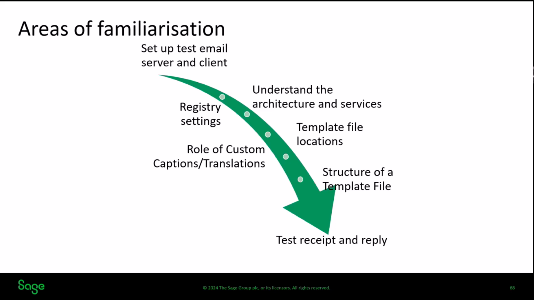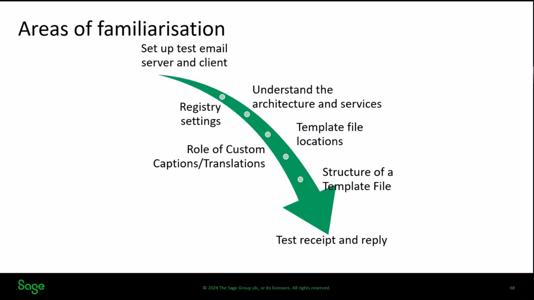We've looked at the template file locations, and we've looked at how we link the functions or the rule sets inside those templates with the user interface through the use of translations, and we've discussed the structure of the template files, which leaves us in the position, I hope, that you'd be confident now to go away, test and trial this to get to a point where you can demonstrate that you can receive and reply automatically to emails using the Advanced Mail Manager.